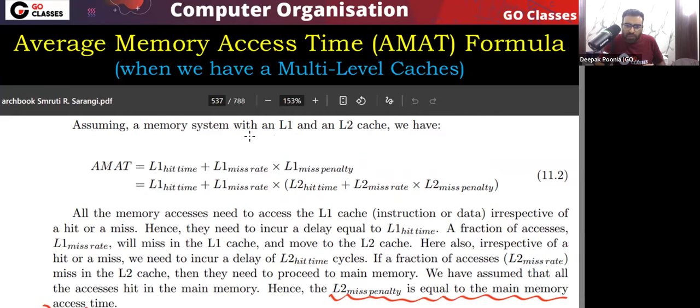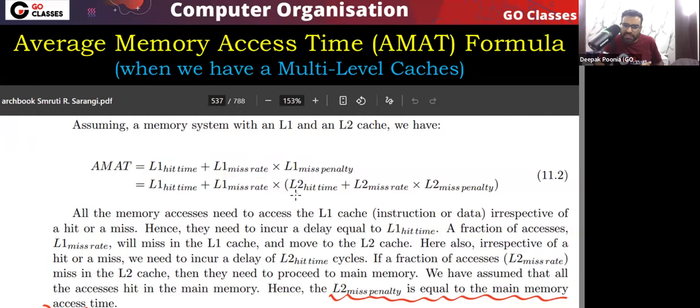So remember, when we have two-level cache memory, this will be our average memory access time formula, and we can write it recursively. Average memory access time is equal to L1 hit time, which is the same as L1 cache access time, plus, when there is a miss in L1, the miss rate of L1 into L1 miss penalty.